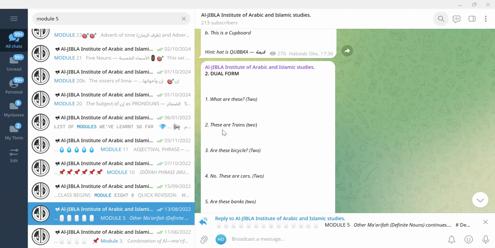Number two, these are two trains. Now that's our sentence. These are two trains.